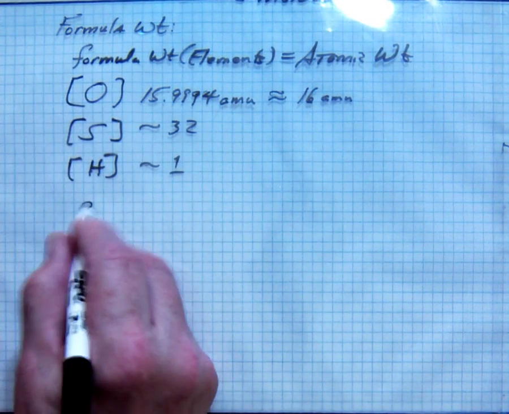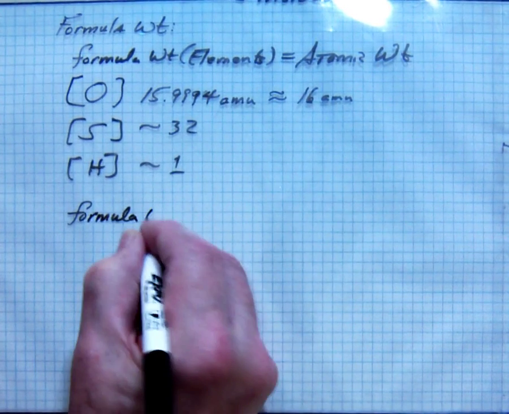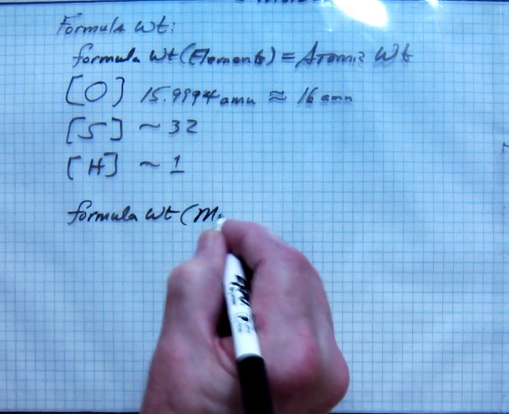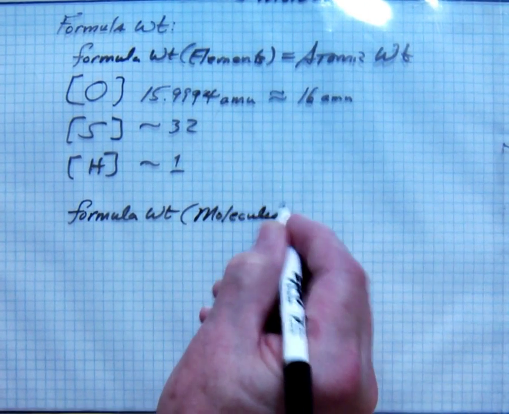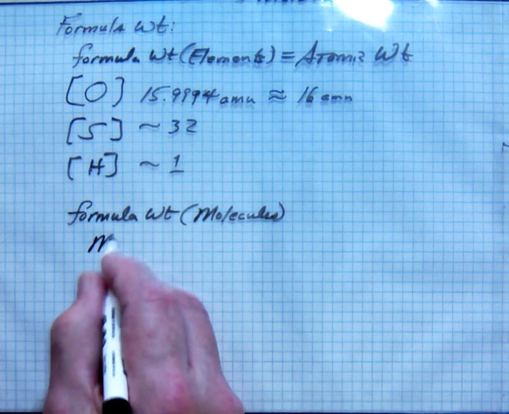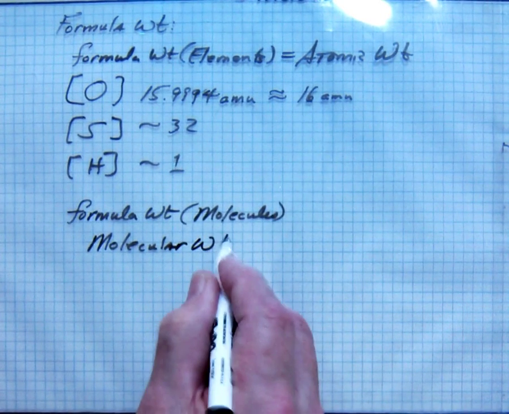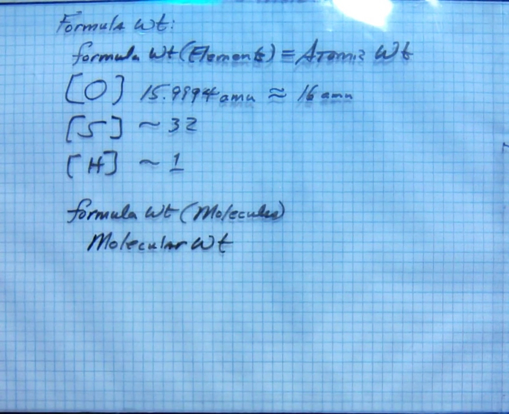Now, we talk about formula weights of molecules. As you are aware, and heard many times, that is molecular weight. Up to this point, we haven't emphasized the gram issue as much.